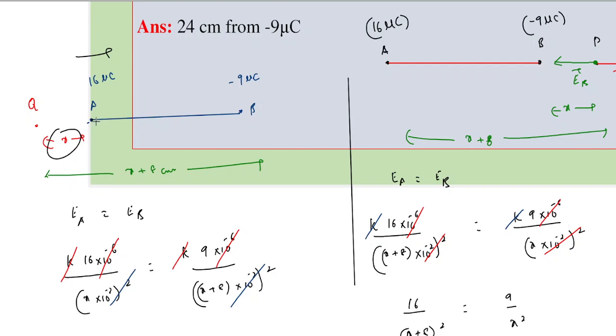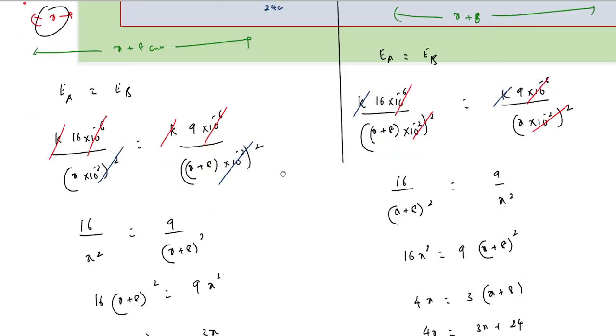So it will be some point here, such that the distance from this point A to this point would be 32 centimeter. But the distance from point A to point B is already 8 centimeter, which effectively means that from point B it will be 24 centimeter, which is what we got in the earlier case also.